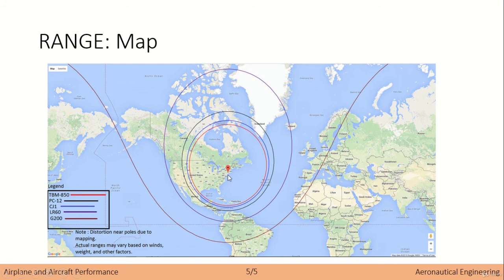You could go, for instance, from New York to Barcelona with an A320. It's probably not the best solution because it would imply a reduction of the payload, but you can get a rough idea of how range is related to actual distances in real life.